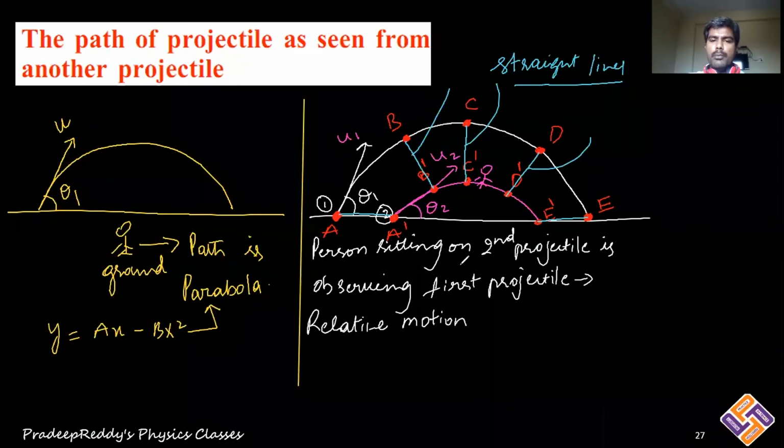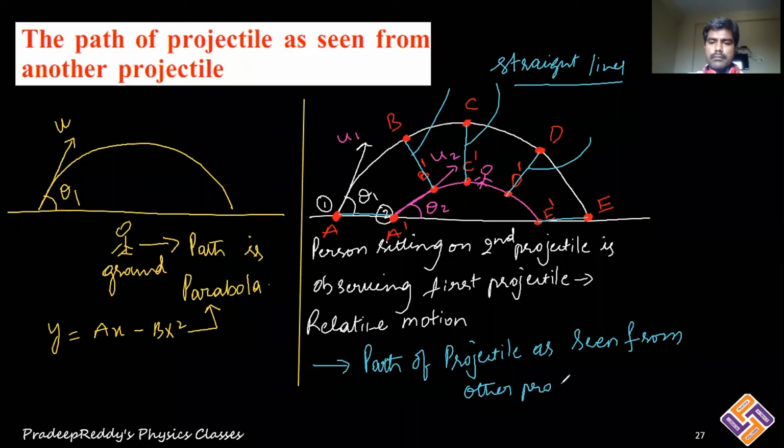Therefore, when two bodies are in relative motion, you need to clearly understand that the path of a projectile as seen from the other projectile is a straight line. Very important concept. It appears to be a straight line.